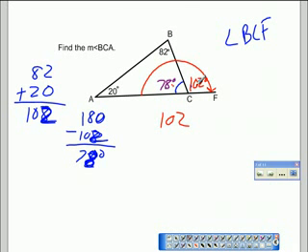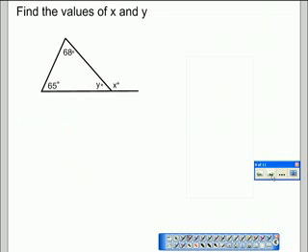We're going to use that property right now. Does it matter which one I find first, x or y? No, I can find either of them. What do I have to do to find both of them? Add 65 and 68. All right, 65 plus 68, 133.